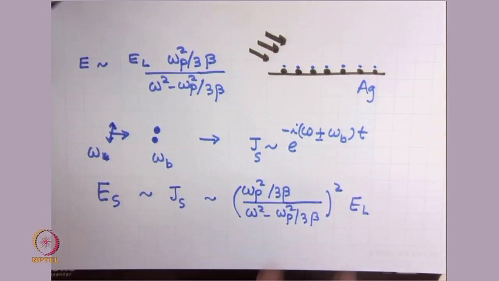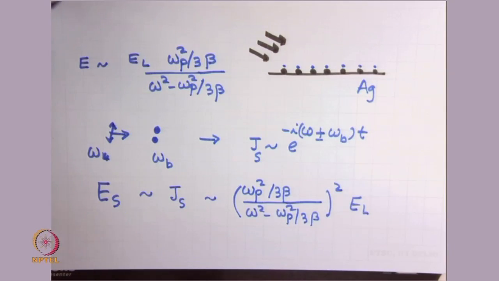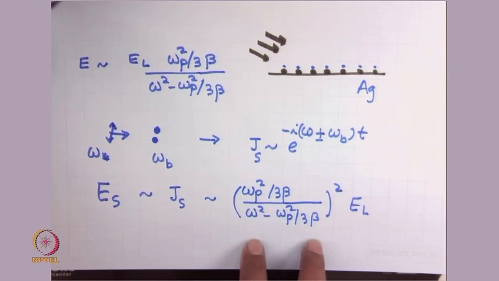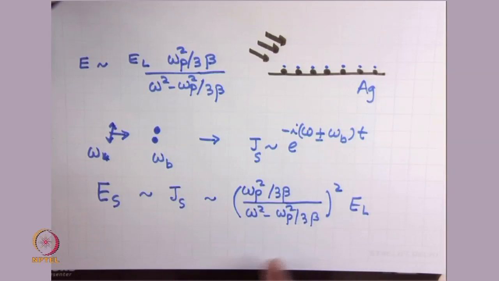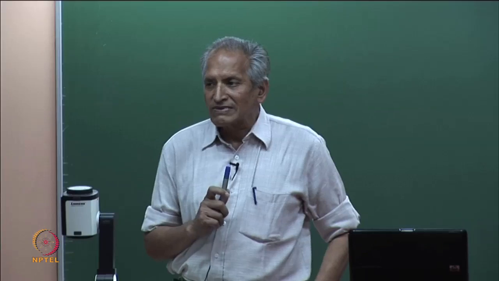This is the great advantage. Though all particles may not have the same value of beta, so resonance will not be seen by everyone, even if 1% or a few percent of particles see this resonance, the field enhancement is very, very large. That is the great thing. So, this is the basis of surface enhanced Raman scattering.